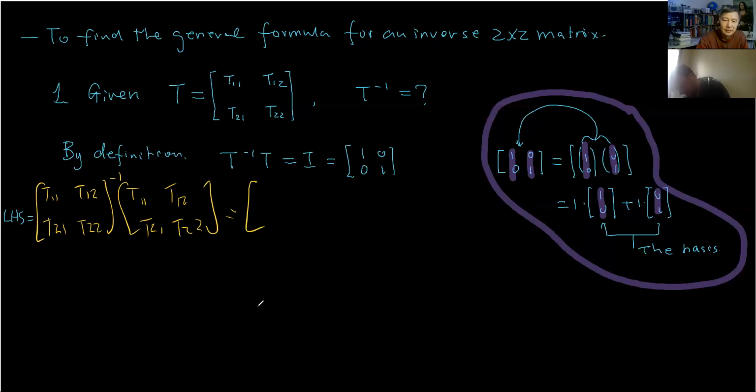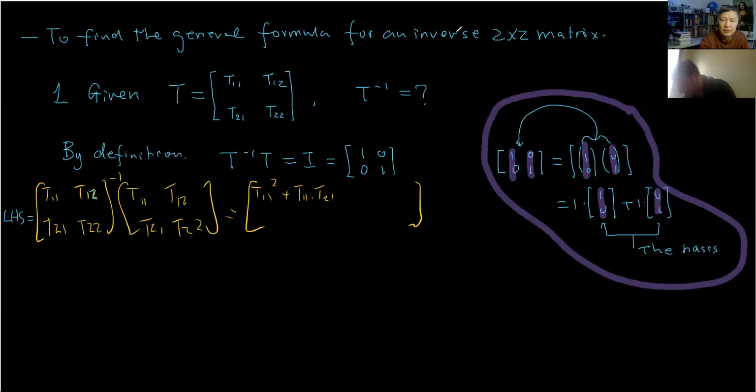It's going to equal, because there are no zero terms, a longer expression, a two-term polynomial. T11 plus T11 by T12, sorry, T21, multiply this one. So basically you follow this flow.